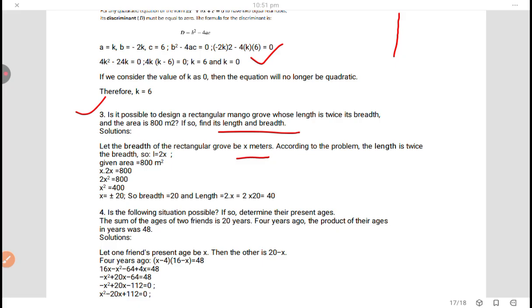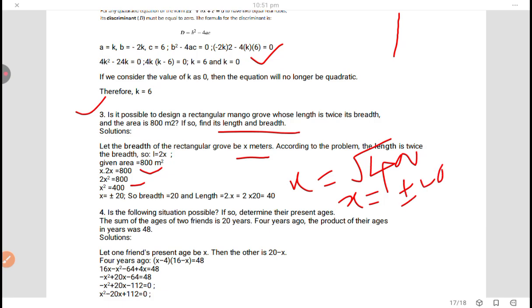So x into 2x equal to 800. So 2x square equal to 800. X square is equal to 400. So x is equal to root of 400. So you'll get x equal to plus or minus 20. So breadth is 20, then length is 40.